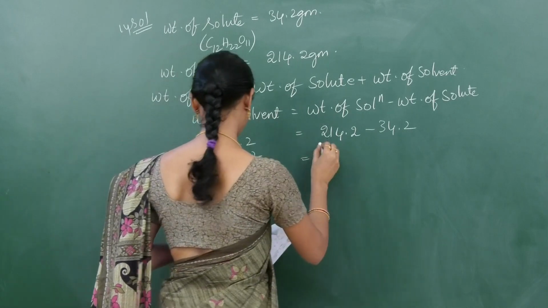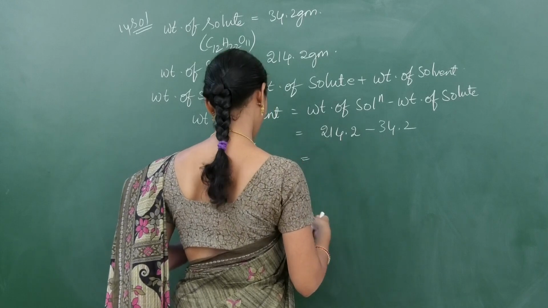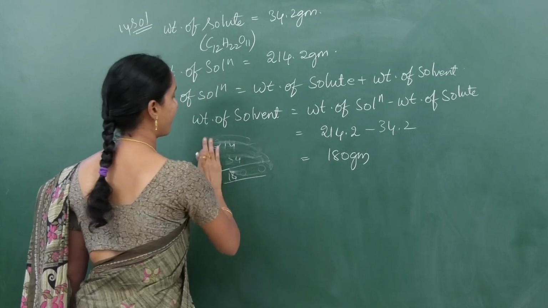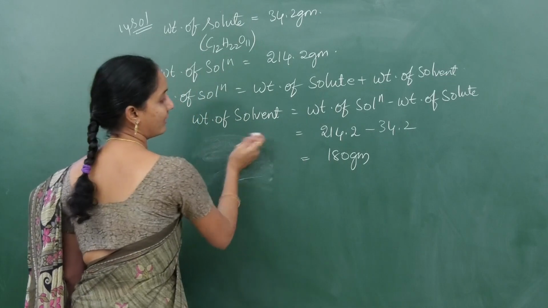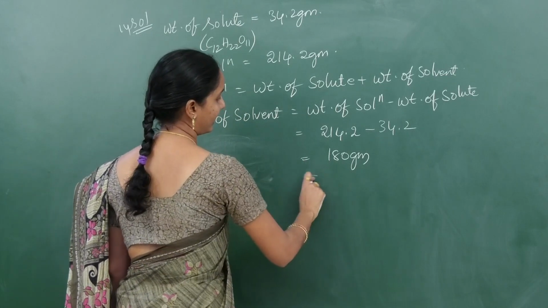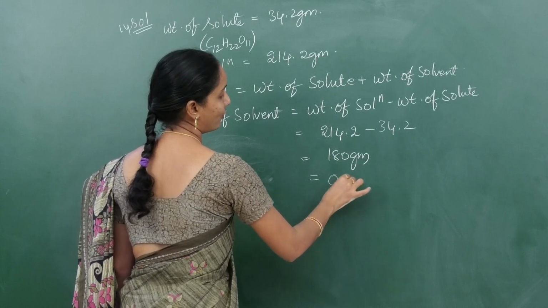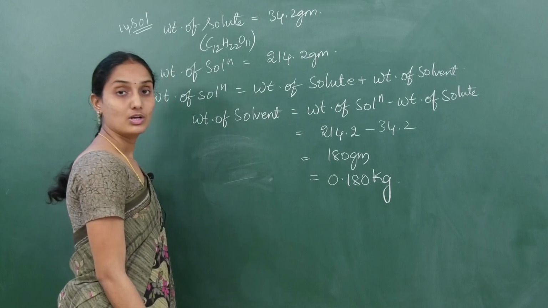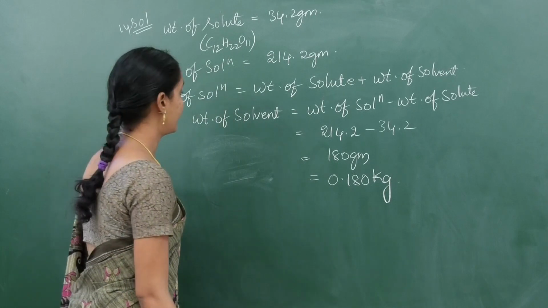So 180 grams is the weight of solvent, children. In grams it is 180. In kgs if you want kg, it is equal to 0.180 kg.